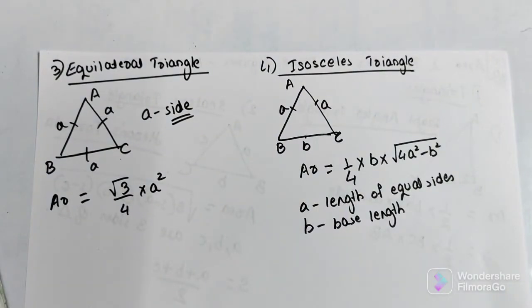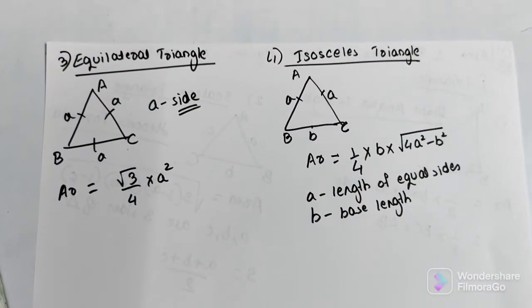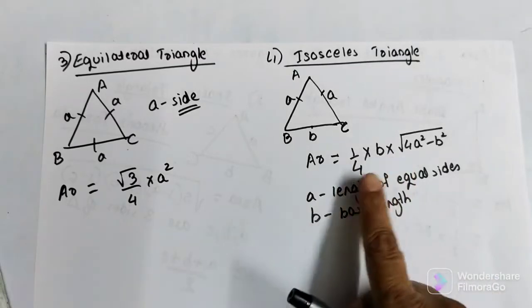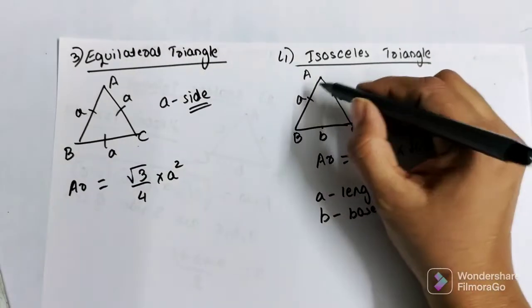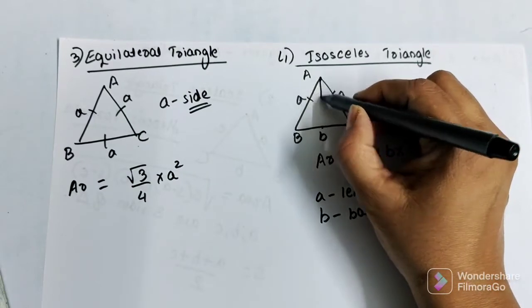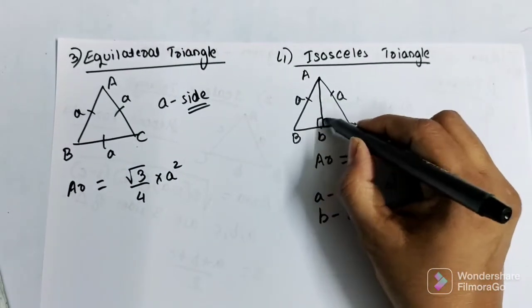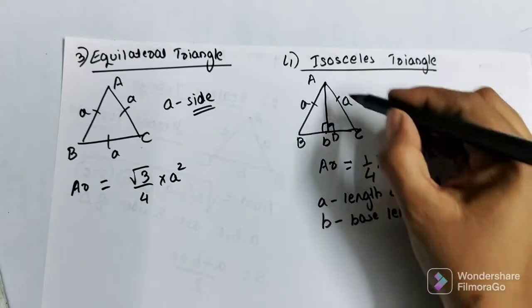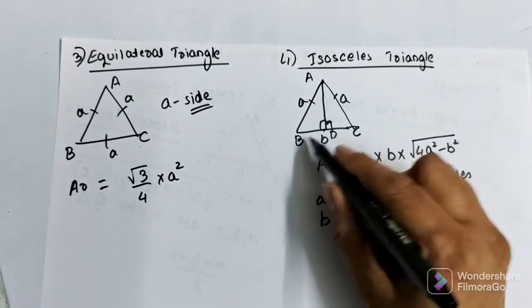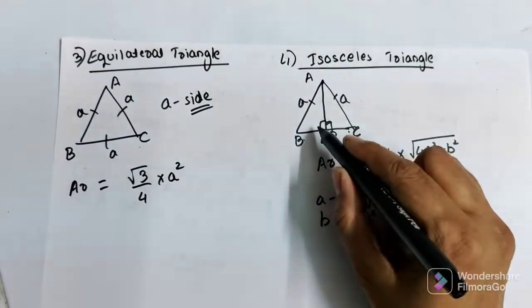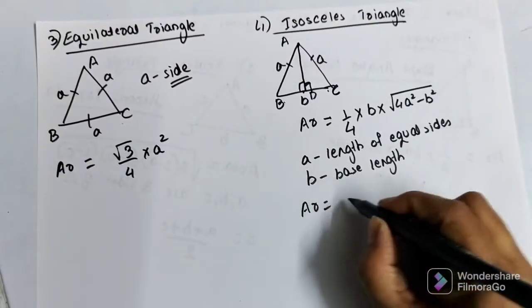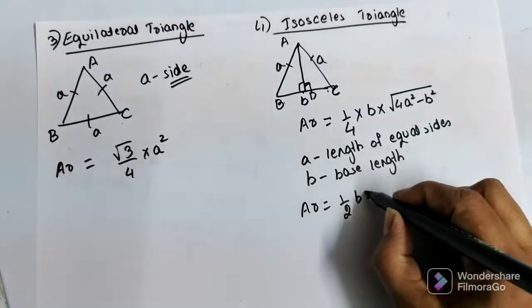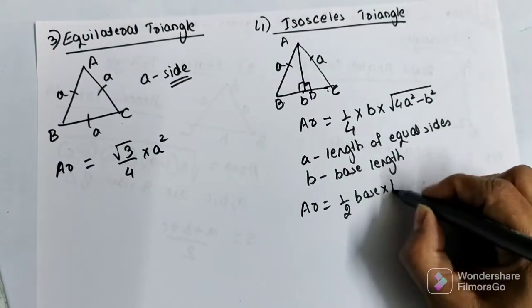There is another method to find the area of this isosceles triangle, which is that we construct one perpendicular. The perpendicular from the vertex will bisect the base. If you know this base, you can easily find the area by using this method: area is equal to half into base into altitude.